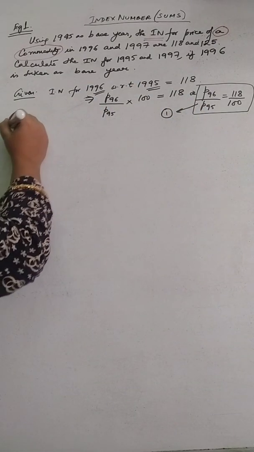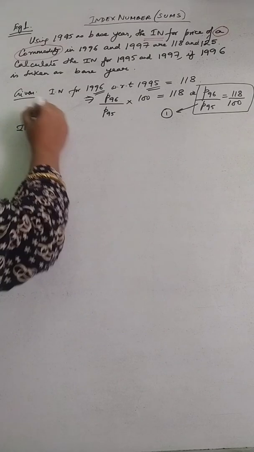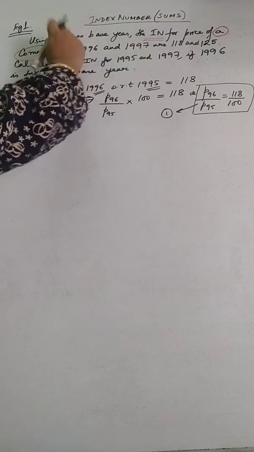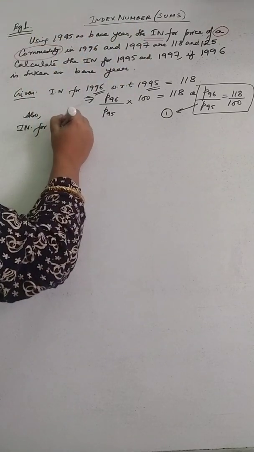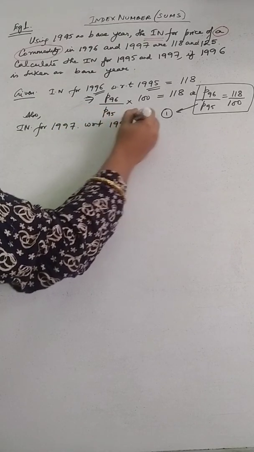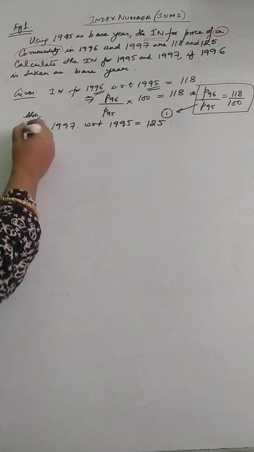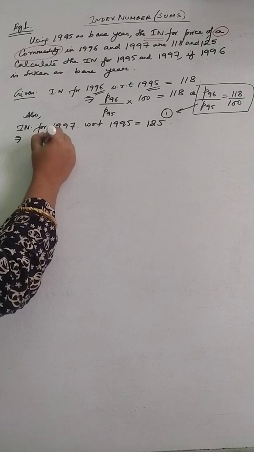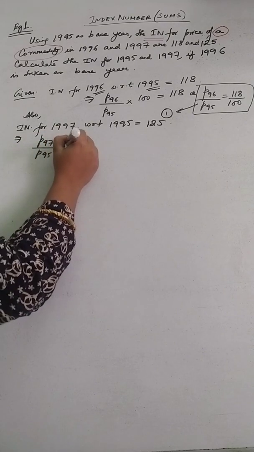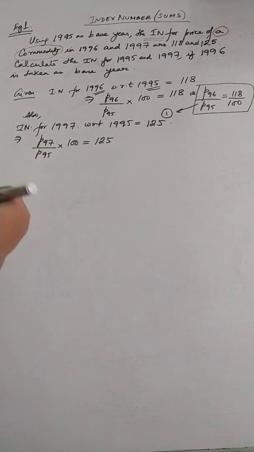What else is given? It is given that the index number for 1997 with respect to 1995 is given as 125. So this means price in the current year 97 by price in the base year 95 into 100 is supposed to be 125.